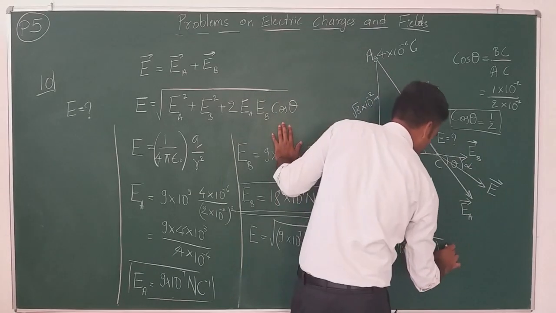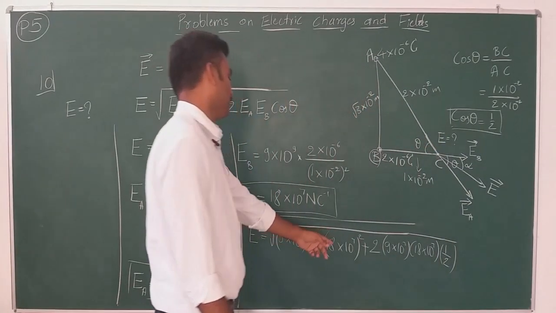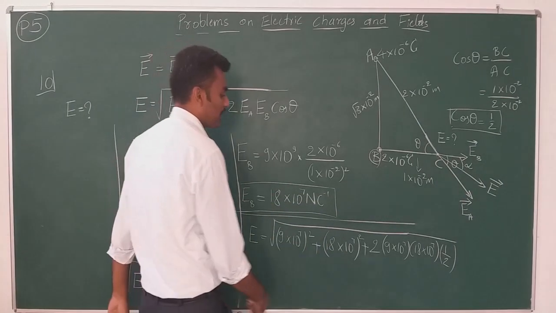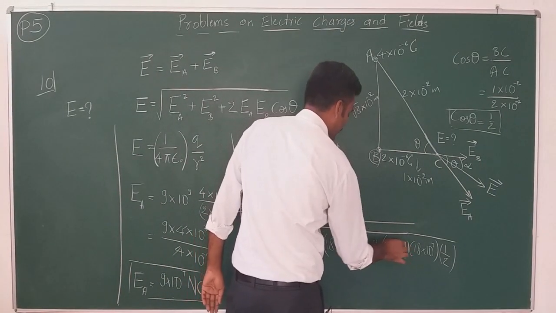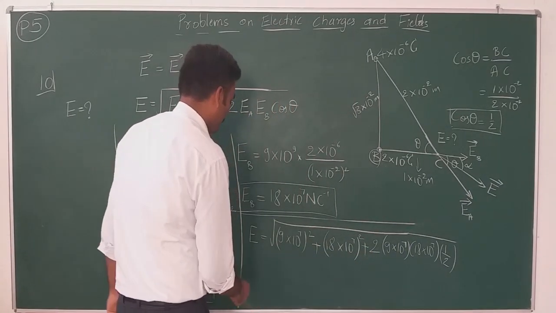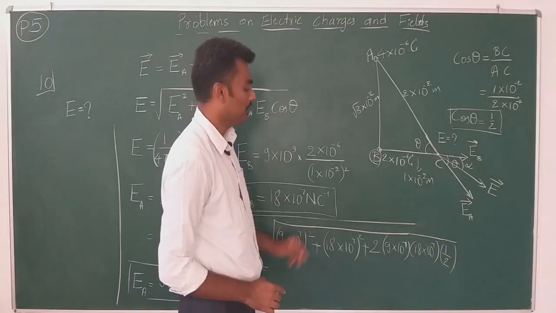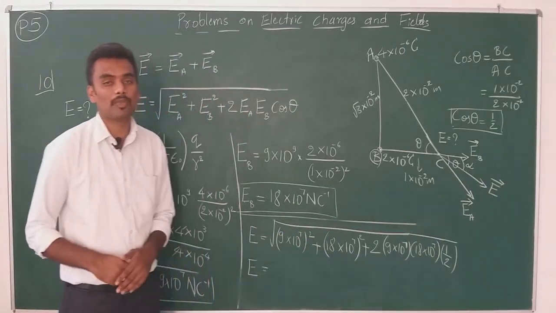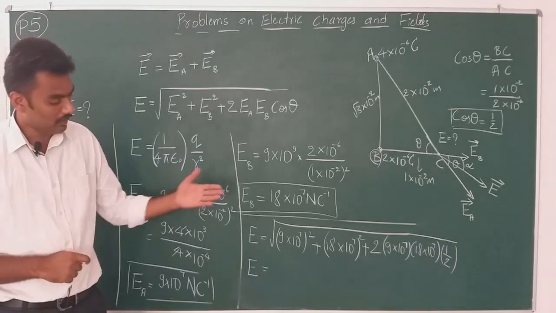Cos theta is half. Now 10 to the power of 7 can be taken as a common factor outside, and after simplifying the rest of the values inside the square root and taking the square root, I will be directly writing the value. Make use of the calculator, simple calculator, and find the value of E and calculate it.